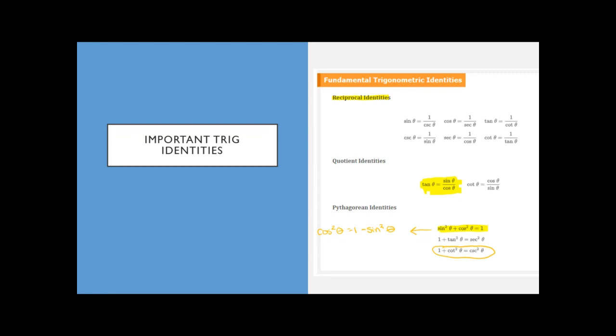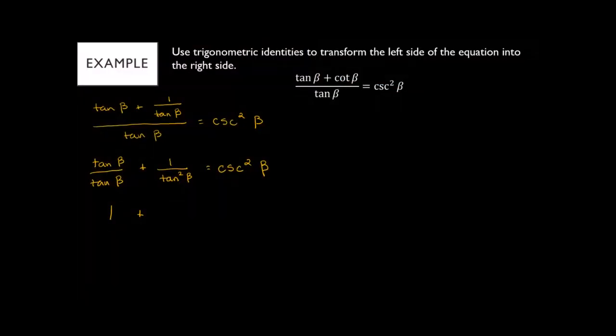So what I'm going to want to do is use our reciprocal identity, the fact that 1 over tangent is cotangent. That means 1 over tangent squared is equal to cotangent squared. The squares are equivalent because the top is just 1, and 1 squared is still 1.